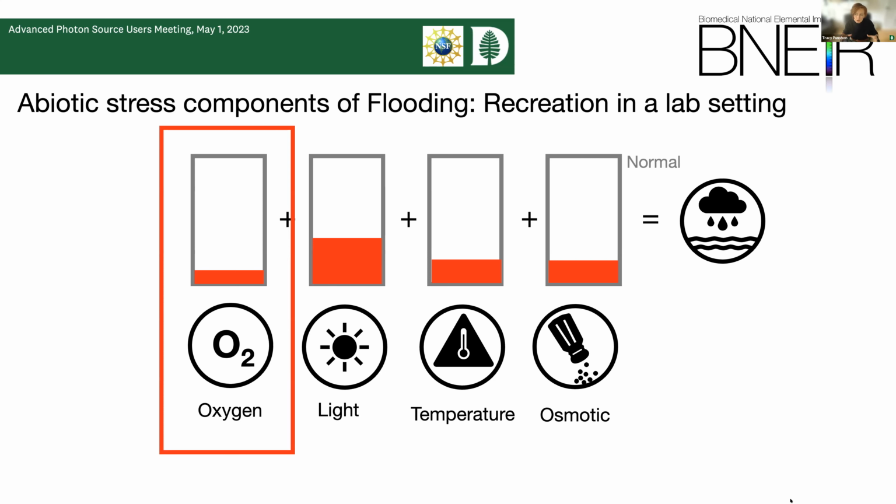We're going to start our experiments just looking at anoxia and the component of flooding where the plant doesn't have oxygen for extended periods of time. And then we'll work our way through the other stresses, and hopefully we'll understand the genetic mechanisms that can then inform breeders as to how to breed plants to be more resilient to periods of these stresses.